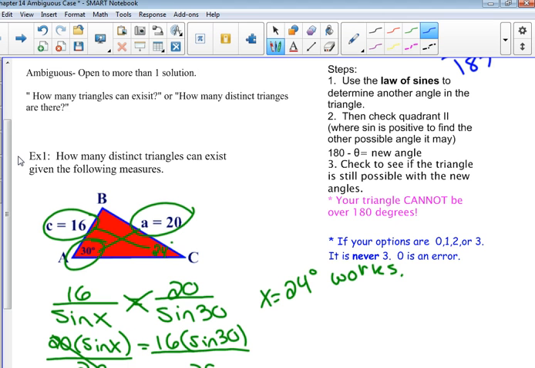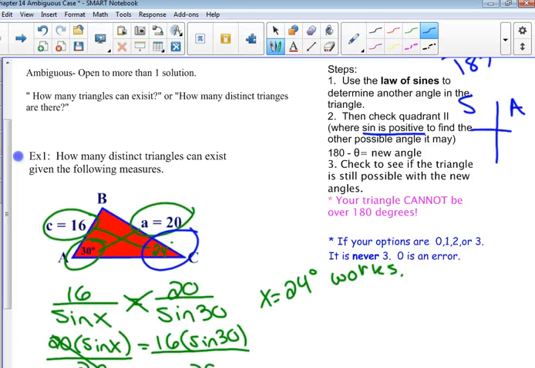What we need to think about is that with the law of sines, sine is positive in two quadrants. Quadrant 1, do you remember your A and your X? Quadrant 2. So we can have two possible degree measures for this one angle. My first option is 24.